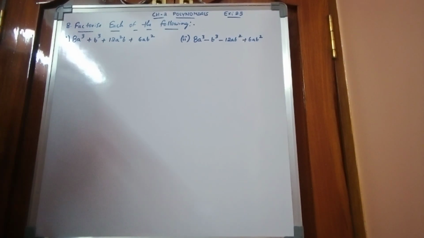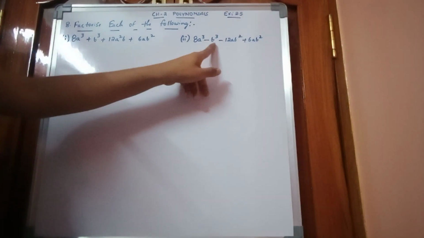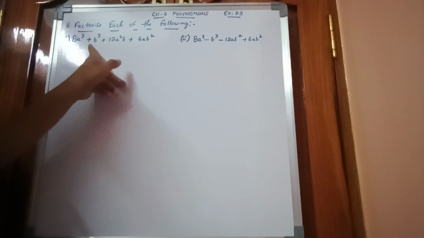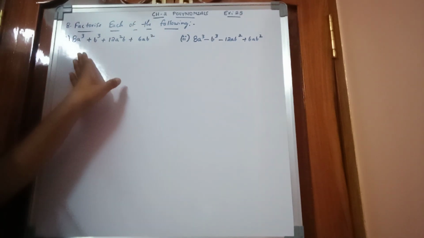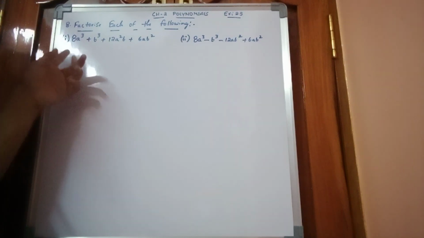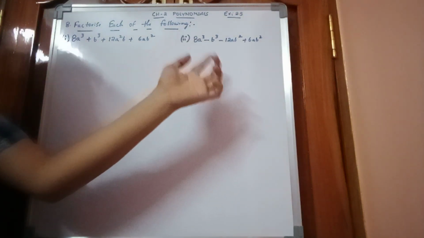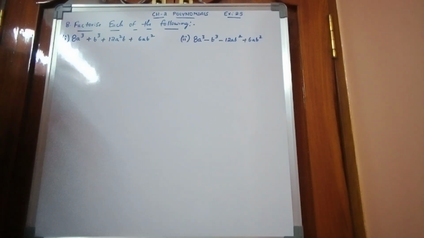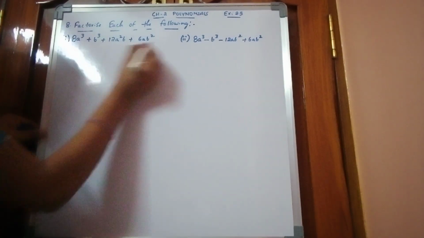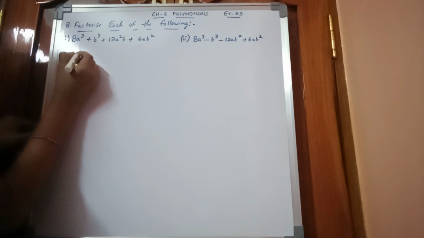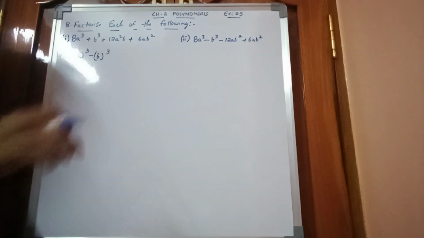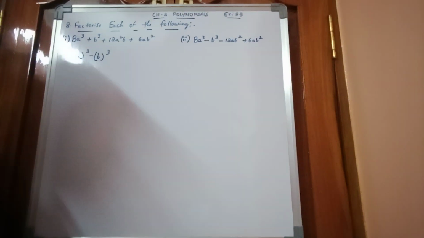Okay, now see the second one, that is 8a cube minus b cube minus 12a square b plus 6ab square. Now these two are the same, but here we used a plus b whole cube, and here we have to use a minus b whole cube. We will get the same answer, but we will get a minus here. Now substituting, 8a cube we can take as (2a) whole cube, and b cube as it is.